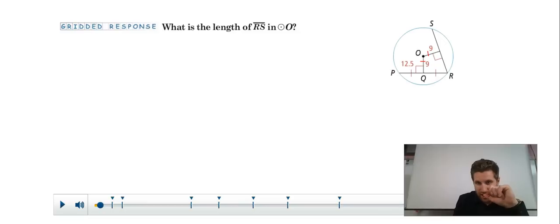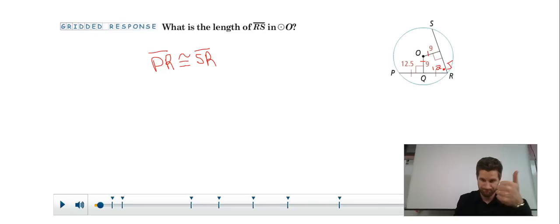So since I got PR right here, I know PR is going to be congruent to SR. My problem is I need to find what PR is. Well, I get 12.5. This is going to be 12.5 as well, and the way I know that is because they're congruent marks. Groovy. So the whole chord is going to be 12.5 plus 12.5, which would give us 25. So that's it. That's the length.